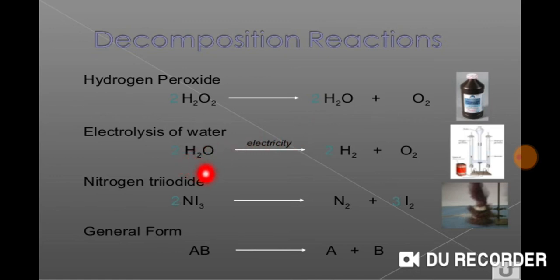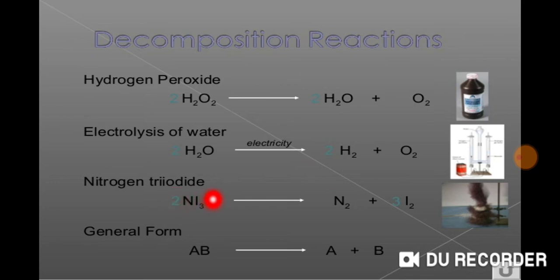This is the formula of water. And when water is heated, or there's another process known as electrolysis. Electrolysis is a method in which electricity is passed through it, which may cause a heating effect, and water breaks down into H2 and O2.